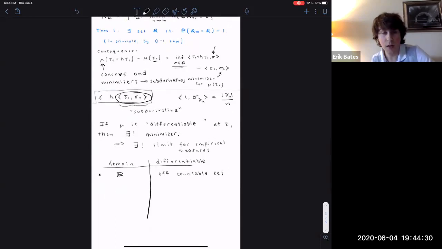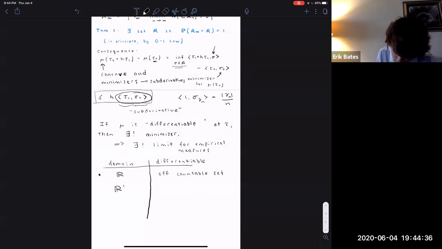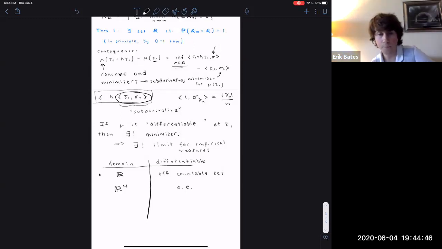But I could think of it as a convex function of other types of perturbations, not just one parameter families. So if my domain is finite dimensional, Rn, then we know that a convex function or concave function is differentiable almost everywhere in the sense of Lebesgue. Okay, so that's a slightly weaker conclusion than off a countable set, but it's still a pretty strong conclusion.